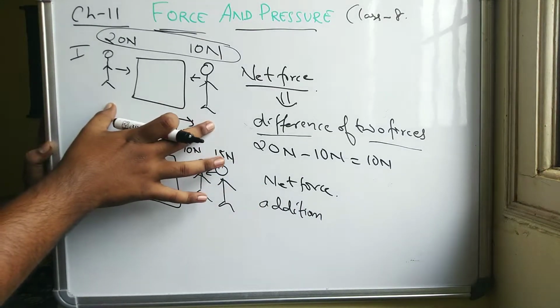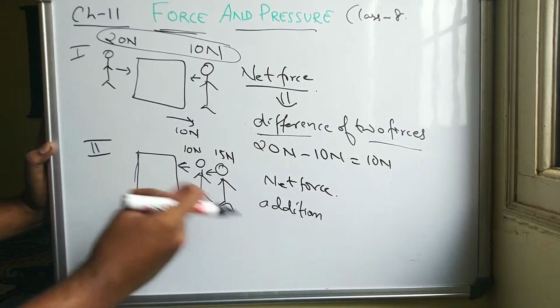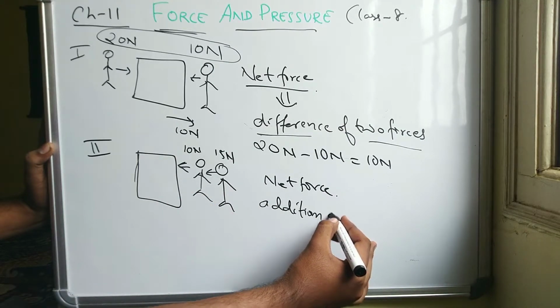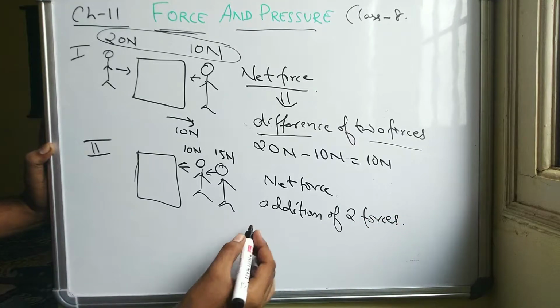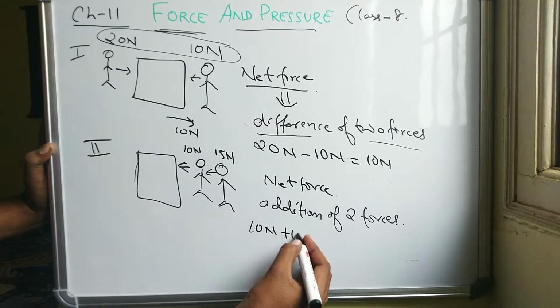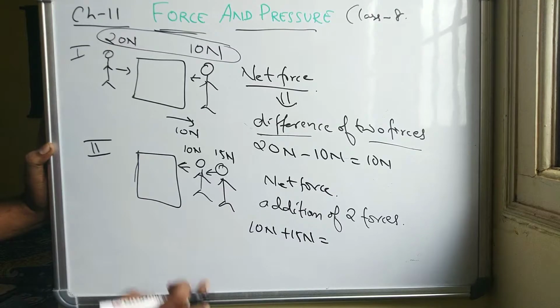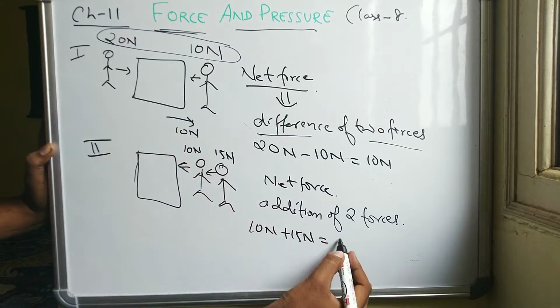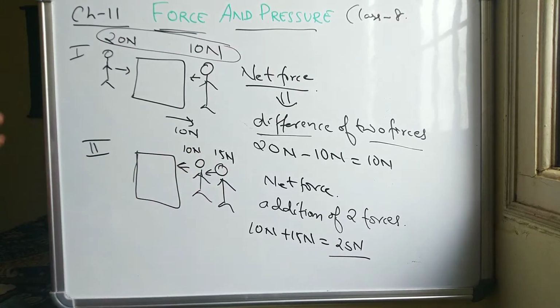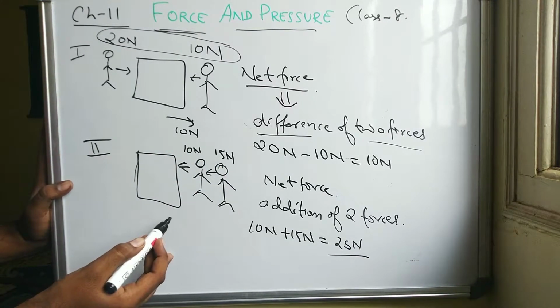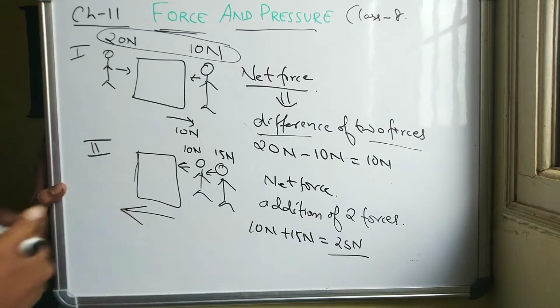Here it was in the opposite direction, here it is in the same direction, so addition of two forces. 10 Newton plus 15 Newton will give you 25. So both will apply and the wooden block will start to move towards the left side.